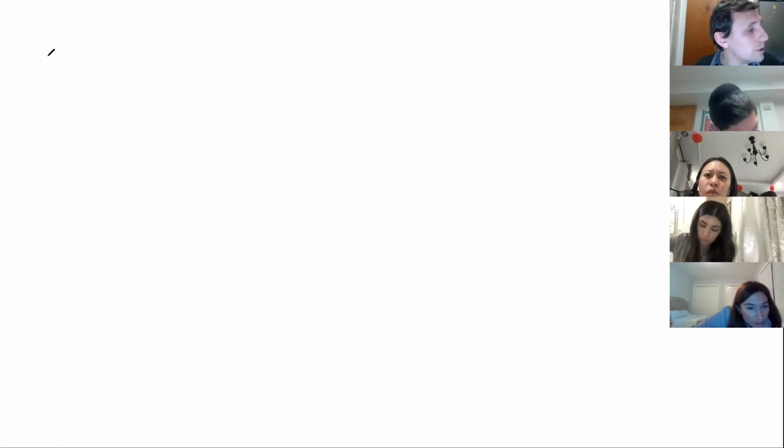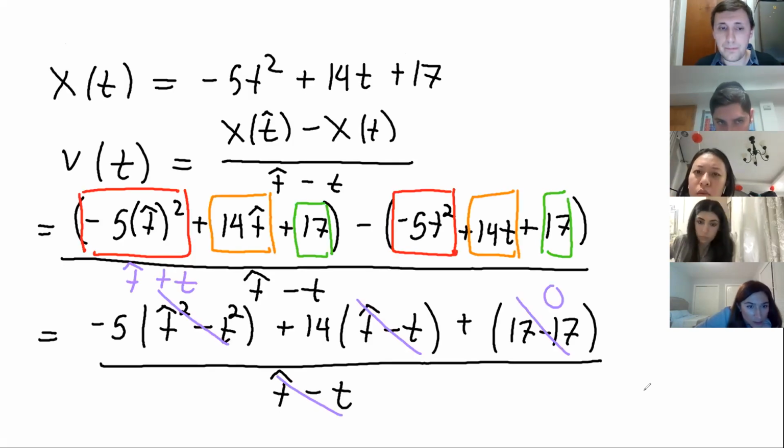Why do we cross out the first one, the t hat squared minus t squared? Because I factor it out. It's really t hat minus t times t hat plus t. So when I simplify, I am left with t hat plus t.